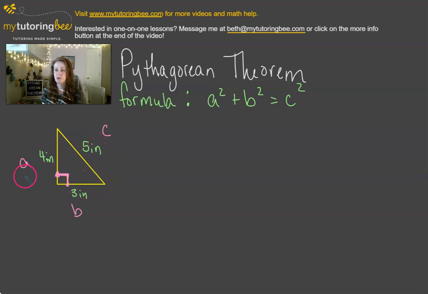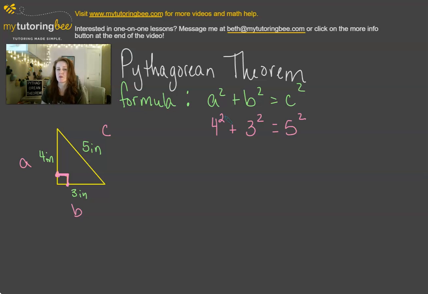So now we simply need to plug those in and solve to see if it does truly make a right triangle. So A is 4, so we're going to plug in 4 squared. B is 3, that's 3 squared. We're going to add those two, and then it should equal C squared, which is 5 squared. So 4 squared, be careful with this. It's easy to see the 4 and the 2 and just multiply 4 times 2.